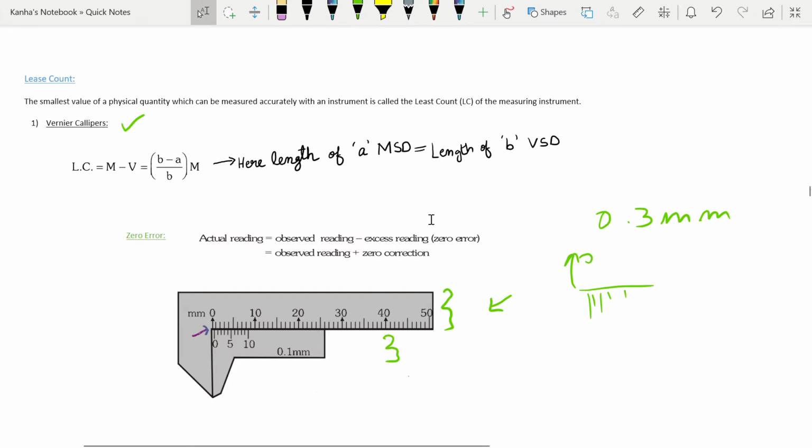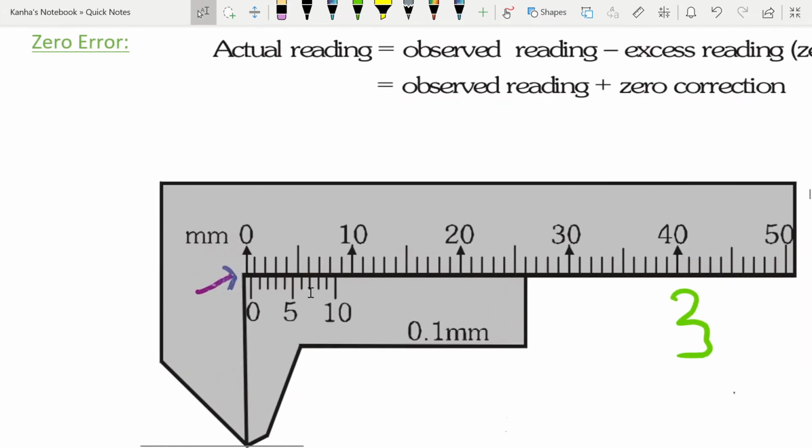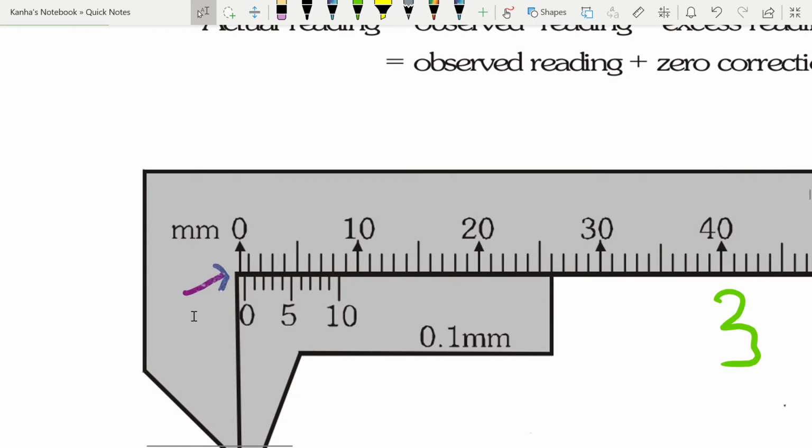Okay, I'll zoom into the vernier in order for you to understand more clearly. You can see here that the zero of the main scale is not coinciding with the zero of the vernier scale. You can see here that the first, second, third, the third vernier scale division is coinciding with one of the main scale divisions.